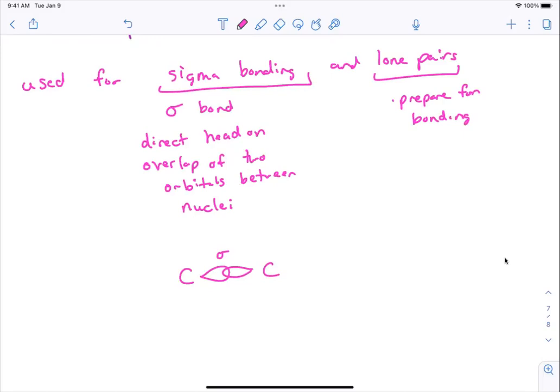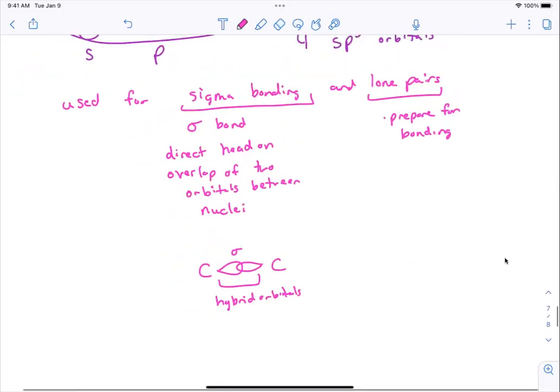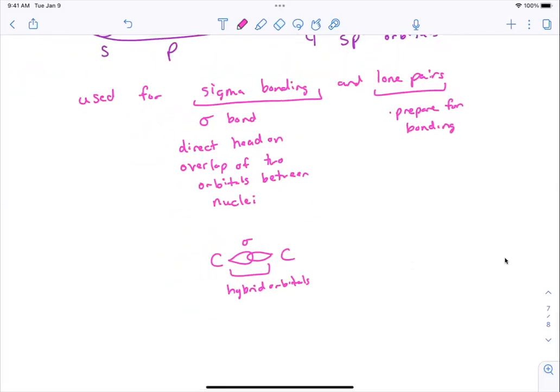No. It is a combination of s and p orbitals. Yes, it's two hybrid orbitals that are happening. Right. So this occurs due to hybrid orbitals. Oh, that they prepare for bonding by being in hybrid orbitals as well.